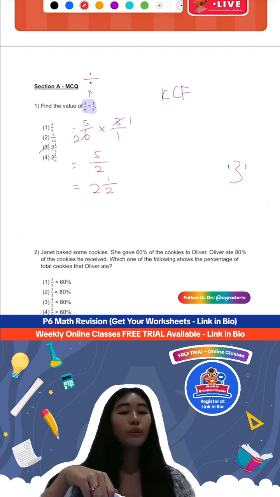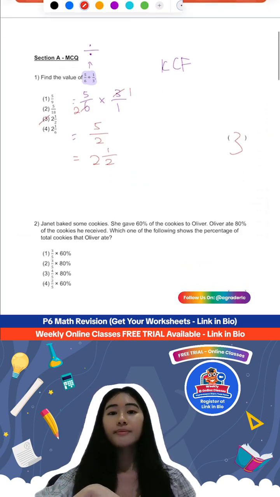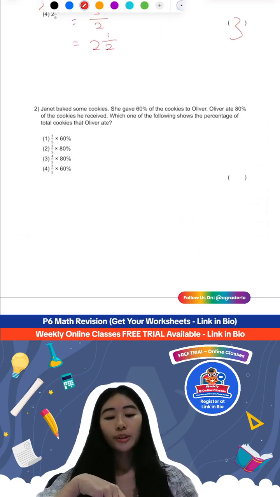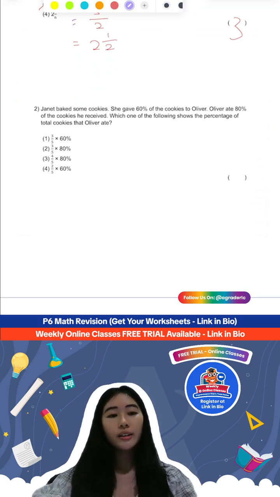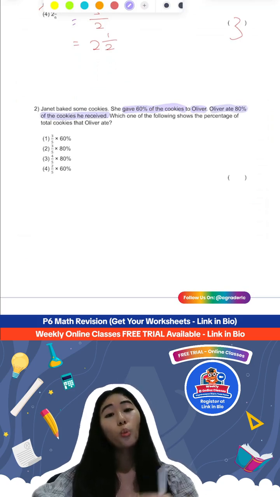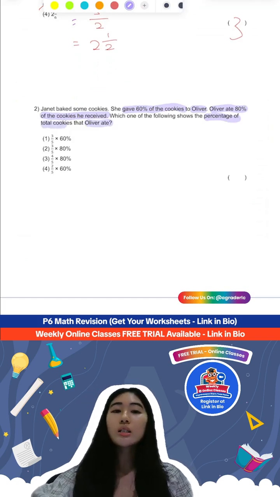Okay, so shall we move on to the next one? Right, so next question, I will read it first. Janet baked some cookies. She gave 60% of the cookies to Oliver. Oliver then ate 80% of the cookies that he received. So, which one of the following shows the percentage of the total cookies that Oliver ate?